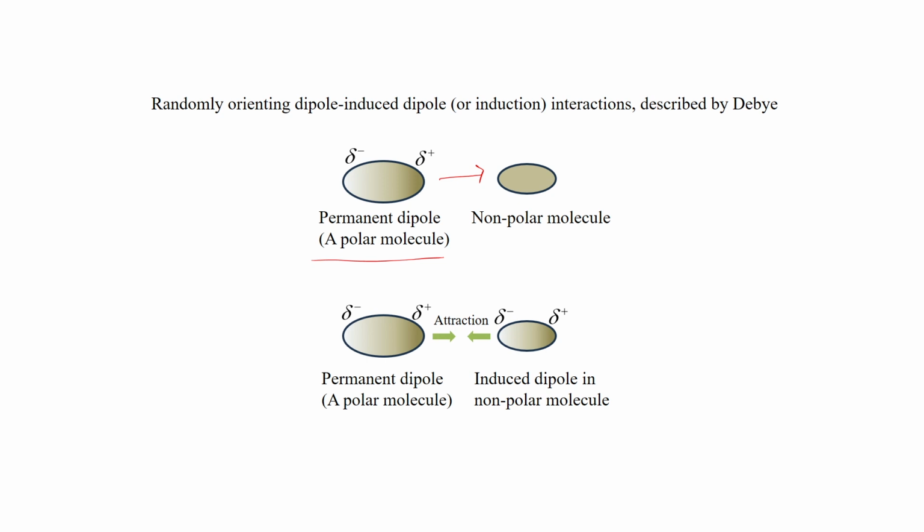As a result, the positive charge over here can induce negative charge on one side, and therefore there will be attraction between them. This particular interaction is called permanent dipole induced dipole interaction. So this is a polar molecule, this is a non-polar molecule, and the polar molecule can induce some polarity in the non-polar molecule, and then there is interaction. This interaction is described by Debye. There is some amount of force that happens because of this interaction.